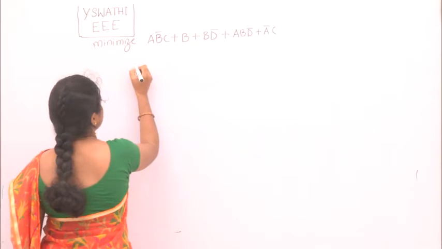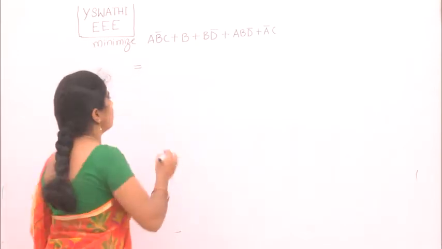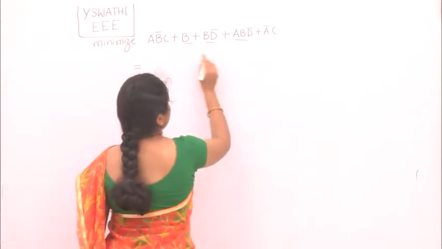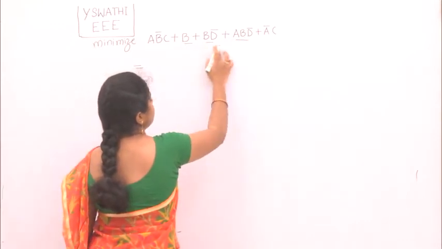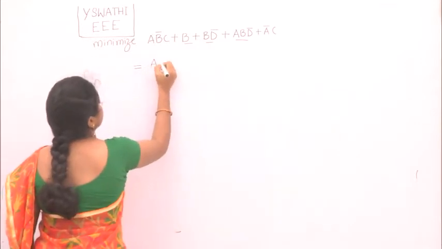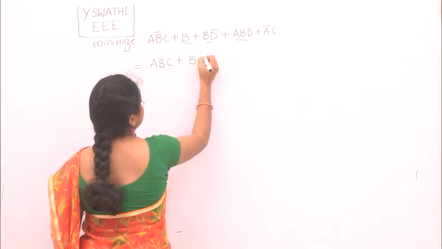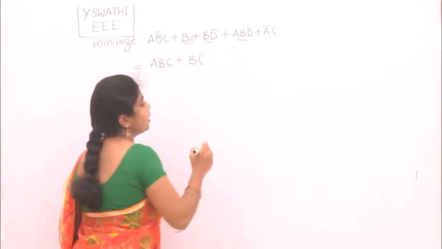To solve it using Boolean rules and theorems, if you observe, we can take B as a common variable in these three terms. So we can take B common: A B complement C plus B. Here B into 1, we can take it as B dot 1.